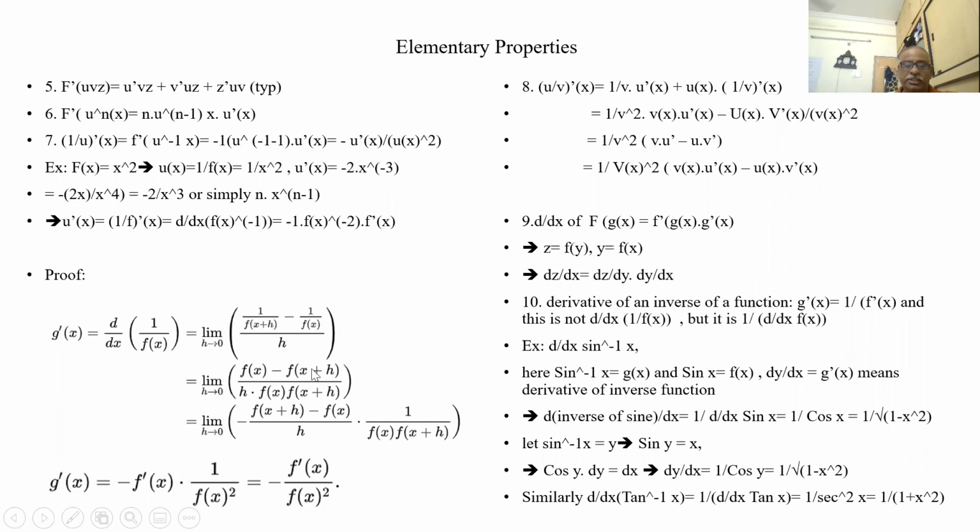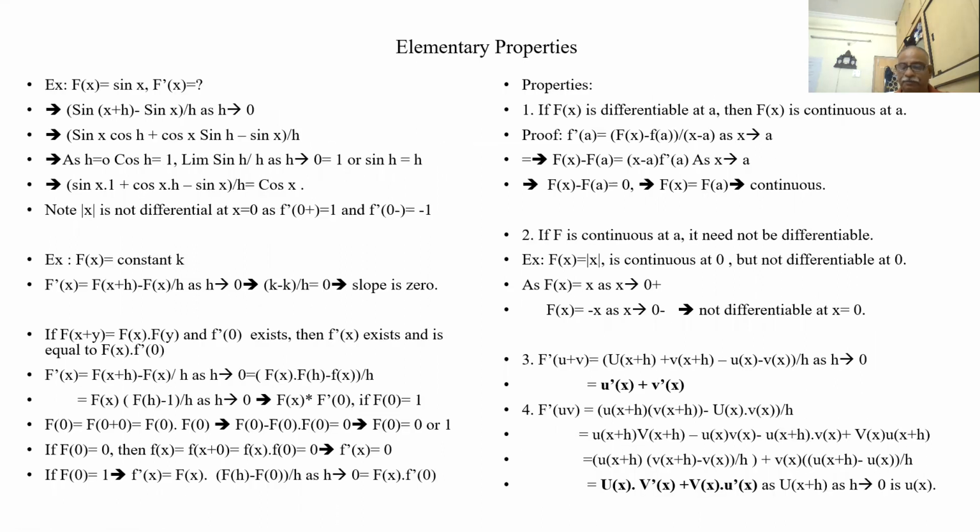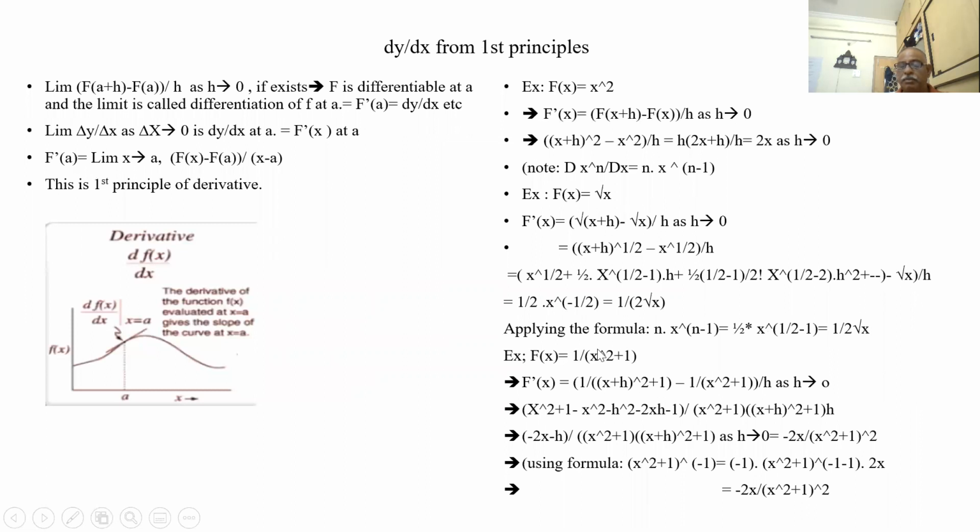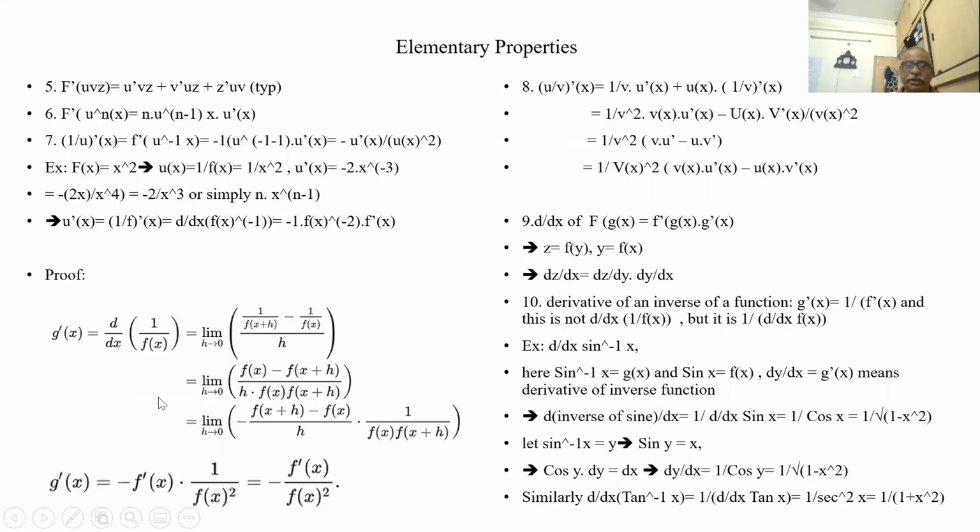So this is nothing but minus f dash: f of (x plus h) minus f of x by h is minus f dash x, and when I put h as 0, f of x into f of x is f of x square. So this is nothing but minus f dash x by f of x square. This is what we have seen here. This is minus du by u square. Same way, this is the derivation: minus f dash x by (f x) whole square, minus u dash x by (u x) whole square.